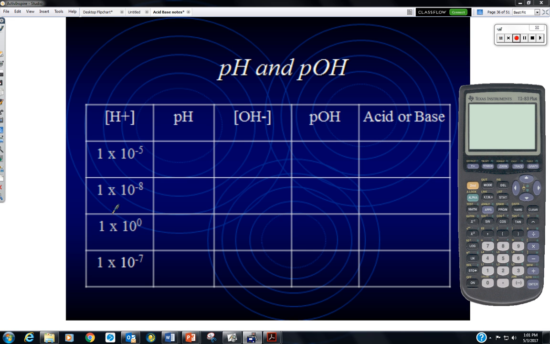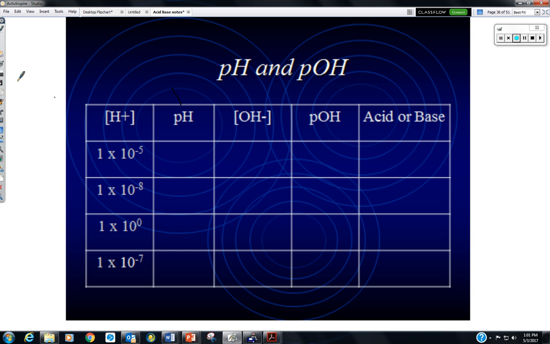So we need to identify 4 things. We're given the concentration of hydrogen ions. We want to know the pH, the pOH, and the concentration of hydroxide. We also want to identify this as an acid or a base. We should be able to easily do that when we determine the pH.